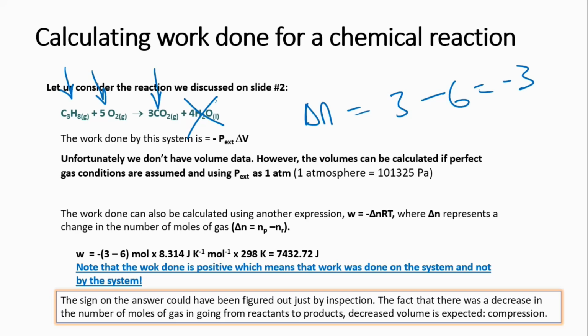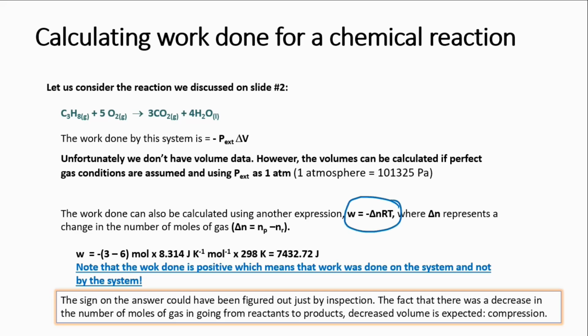Let's actually do the calculation. So here it is. We're using work is equal to minus delta n RT. Remember there's a negative sign naturally on the formula, so we put that back. 3 minus 6, which is the 3 moles of gaseous product.